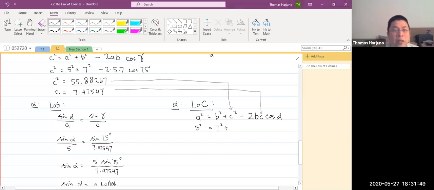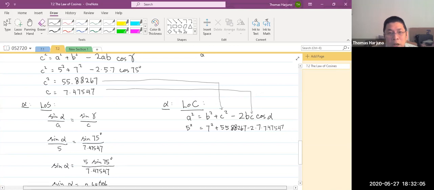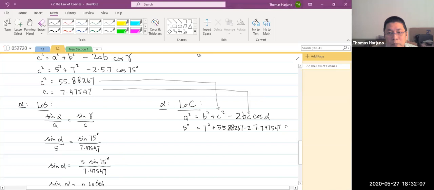Okay, my c squared is 55.88267 minus 2 times 7 times 7.47547 cosine alpha. Now, if you use the law of cosine, it's longer, but you have only one angle for that.